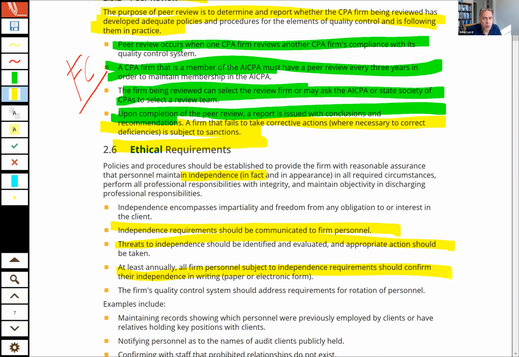Okay, you need to immediately report that kind of thing up. And that's always the trick. If you're coming up with too many things, a good way to get rid of you is by starting to talk to you about coming to work for them. Now you've violated your independence. You may not get the job, and you will be removed from the engagement. So don't fall for that one.